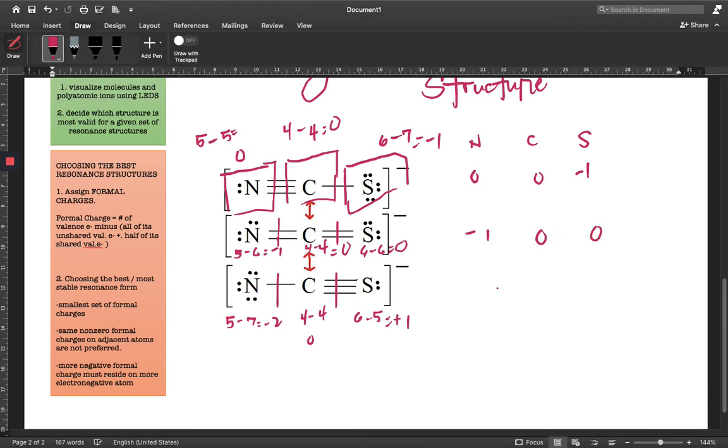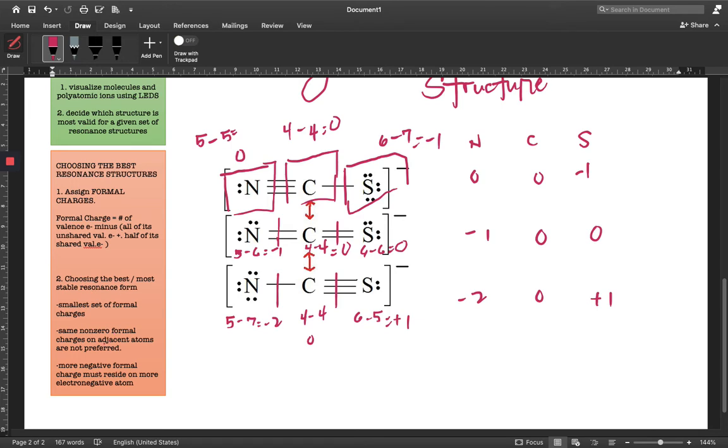All right, and then negative 2, and then 0 and plus 1. Okay, so you might have noticed that the first and the second structure actually fulfill this first condition, which tells us to use the smallest set of formal charges. However, we need to decide which one is really the most stable.